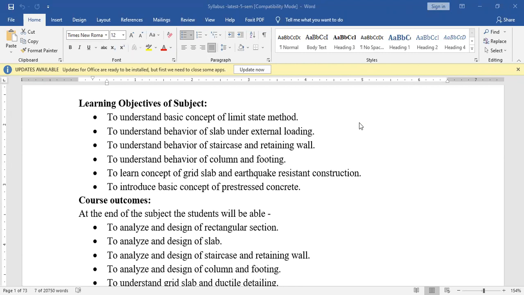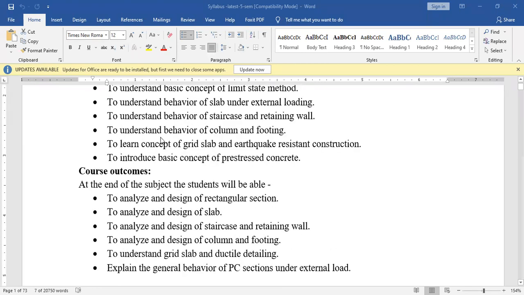That's how most of the time these forces get transferred. So how does a slab behave under external loading? That we'll have to go ahead with.